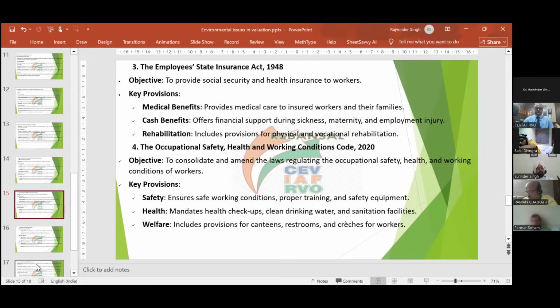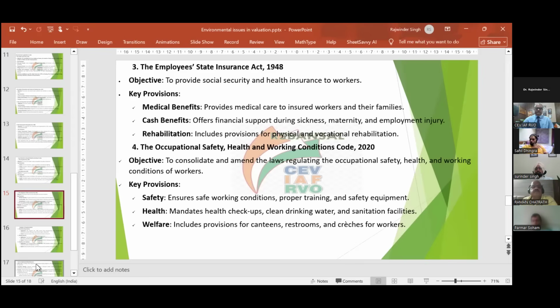The next act is the Occupational Safety, Health and Working Conditions Code 2020. Its objective is to consolidate and amend the laws regulating the occupational safety, health, and working conditions of the workers.